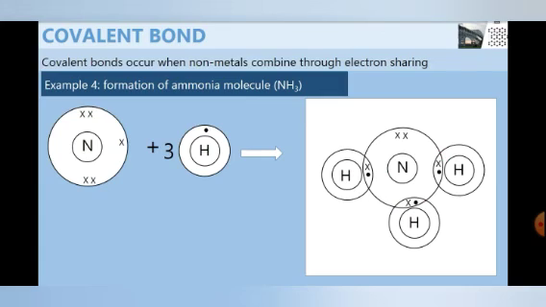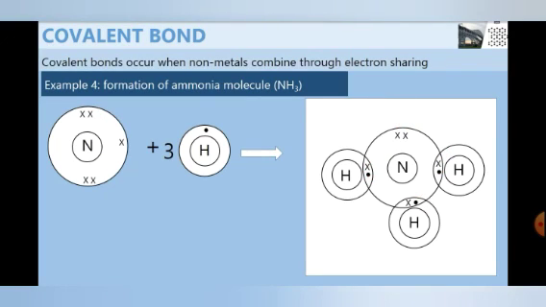In the end, for hydrogen, it has 1, 2 electrons. Same for this one, same for this one. Now for nitrogen, it has 8 because we have 1, 2, 3, 4, 5, 6, 7, 8. So they all satisfy the stable configurations.